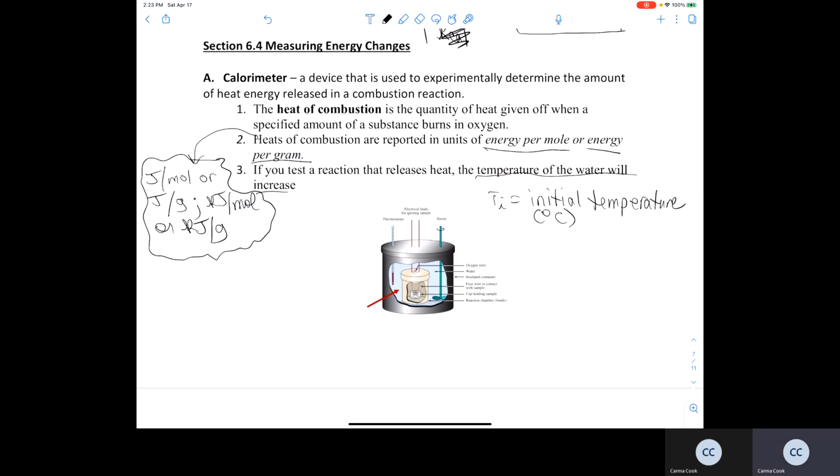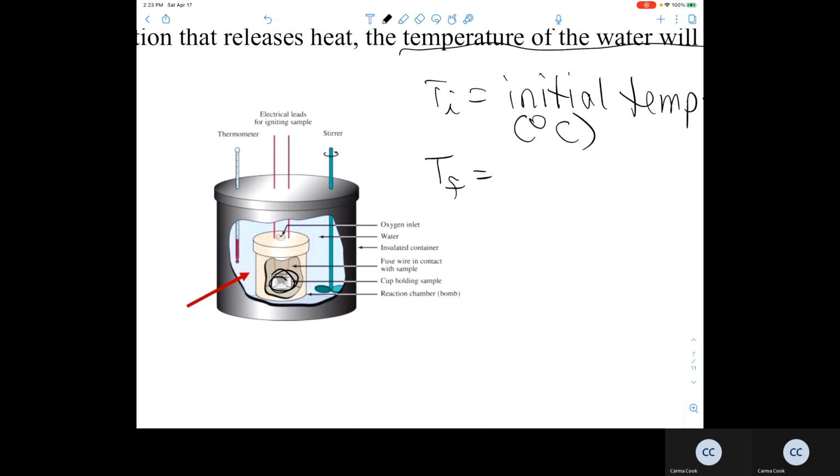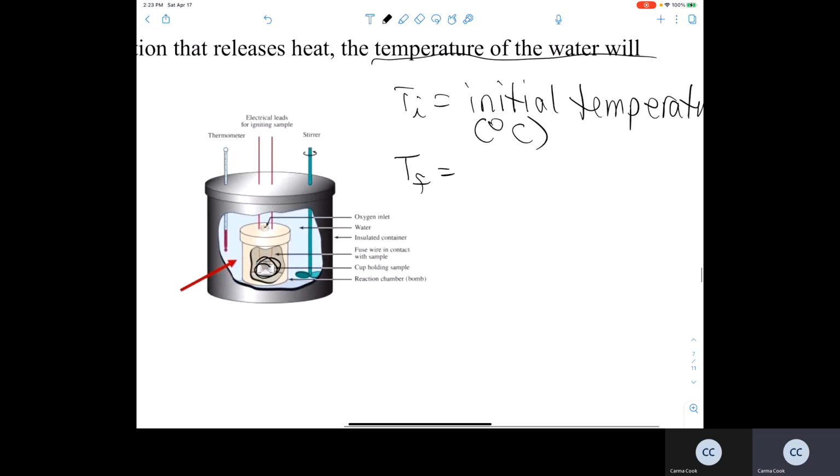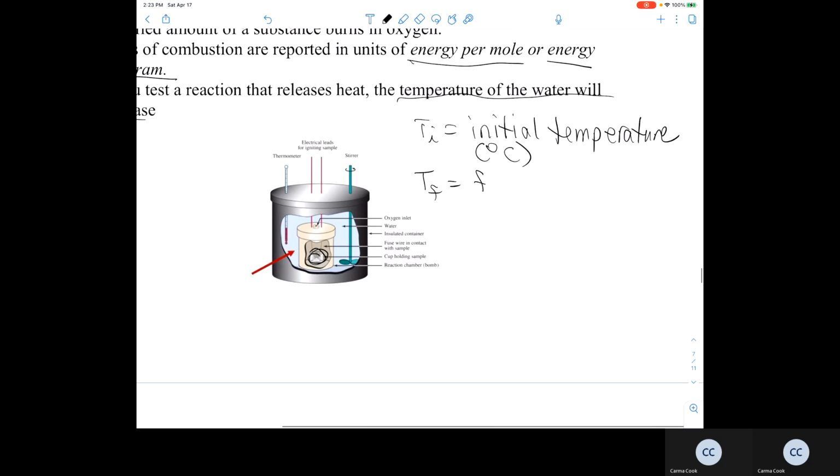Then you measure the final temperature of the water after all of your fuel or food or whatever sample you're burning has burnt completely.